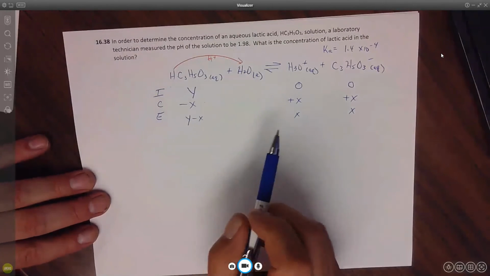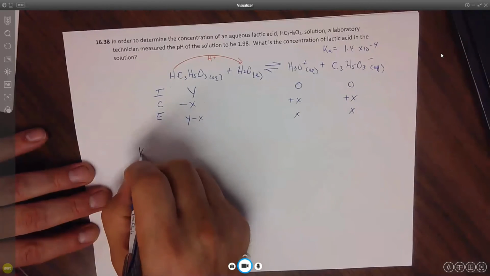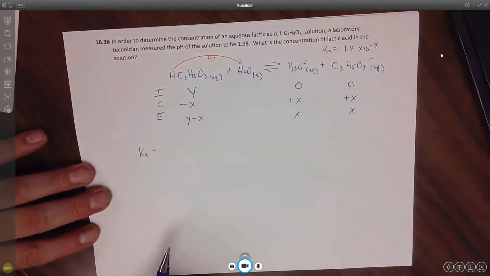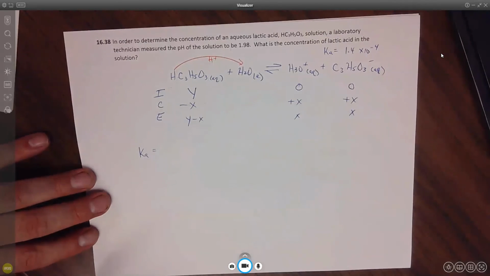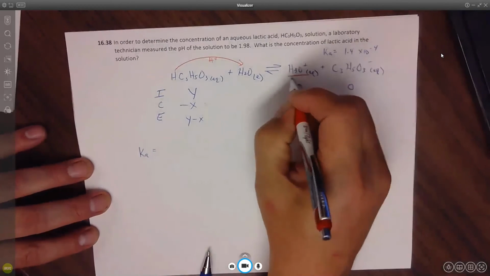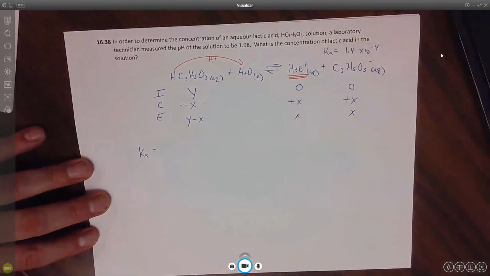I know the equilibrium constant expression, Ka, since it's an acid. Now, you're going to have to know, do I use Ka or do I use Kb? If H3O plus is a product, you're using Ka. This is going to become important, especially when you start dealing with the salts.